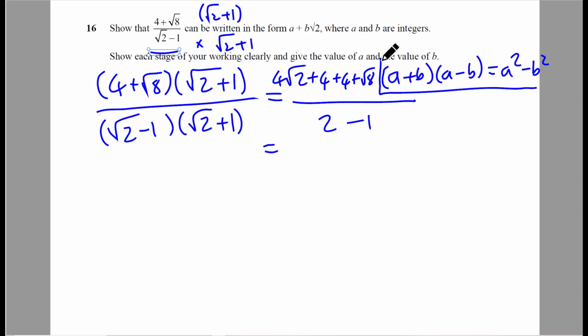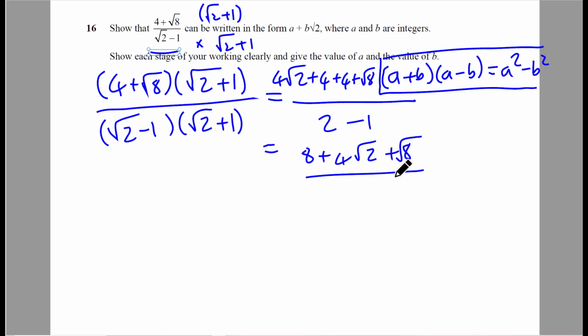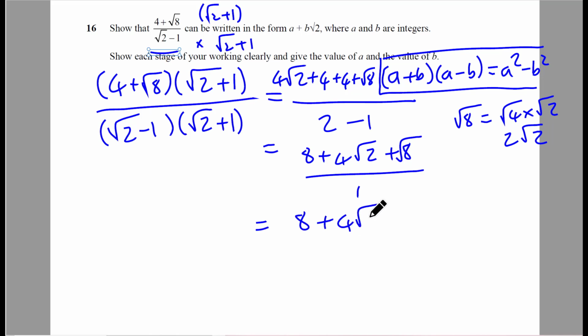So we're going to get 8 plus 4 root 2 plus root 8, that's all over 1. Right, so root 8, we can simplify root 8 to root 4 times root 2. So that's 2 root 2 here. So we're going to get 8 plus 4 root 2 plus 2 root 2. So the final answer is 8 plus 6 root 2.